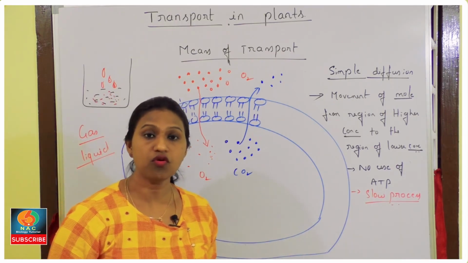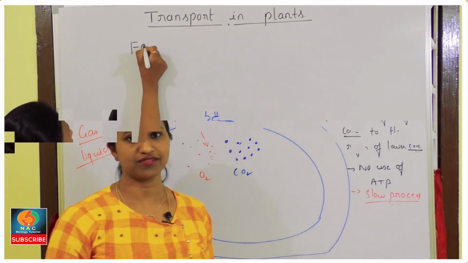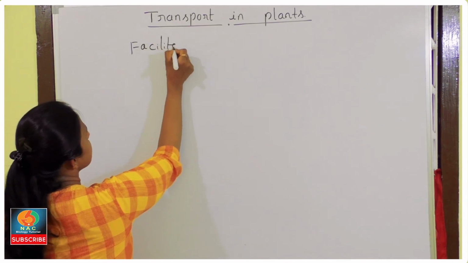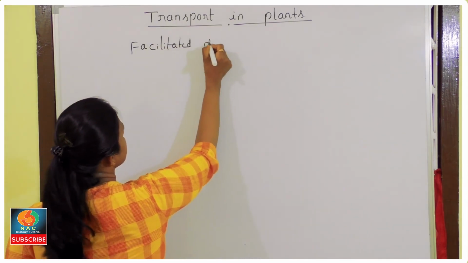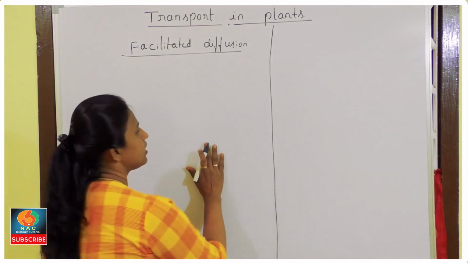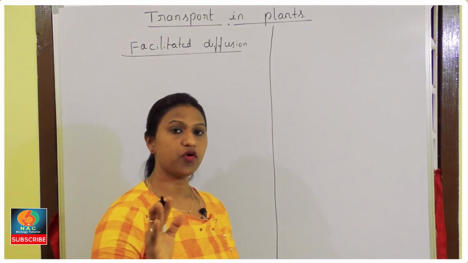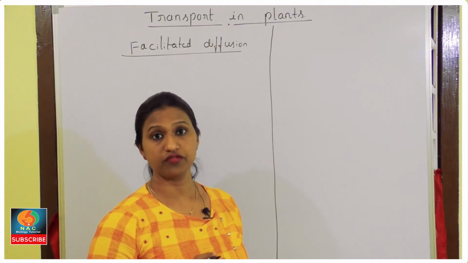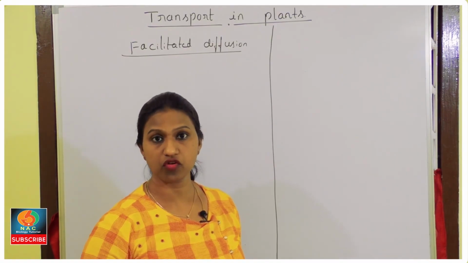Now let's move on to facilitated diffusion. Next one, facilitated diffusion. Once again, the same points how we have followed in the diffusion process, the same thing we have to follow here also.